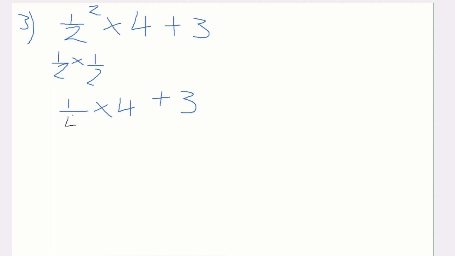Okay. And we can say this 4, we are safe to assume it is over 1. So when you see a number, like if you have 3 by itself, it's over just 1. So the 4 is over 1. And we're multiplying. So what we can do is go ahead and just cancel. 4 into 4 goes 1, 4 into 4 goes 1.